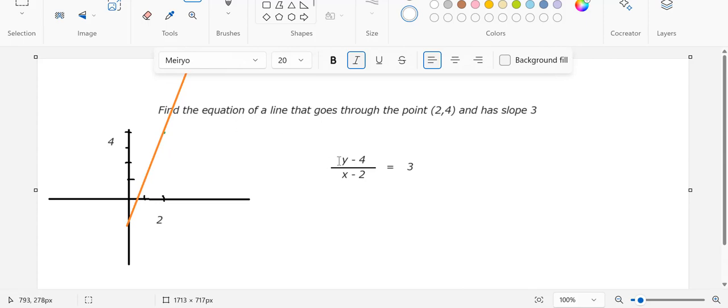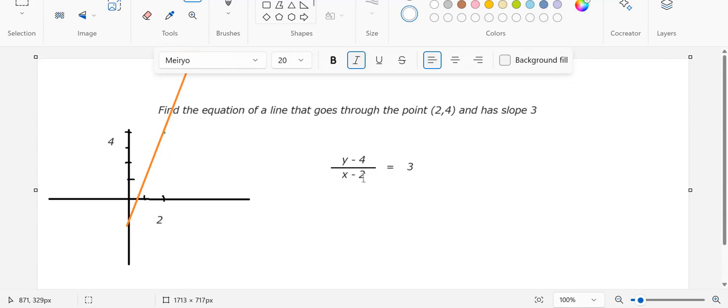Because we're trying to find the equation for a line so that any point on the line, we're trying to write an equation, and then we fill in the y and the x, and that point should generate a point on the line. And any point on the line, we would fill in the y and the x, and we would get this would be true.